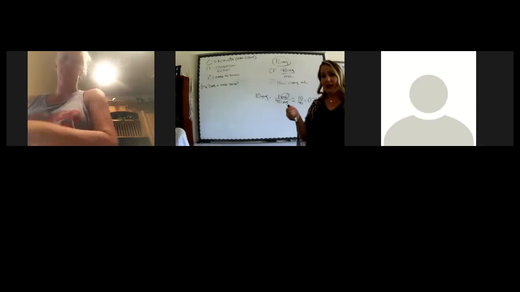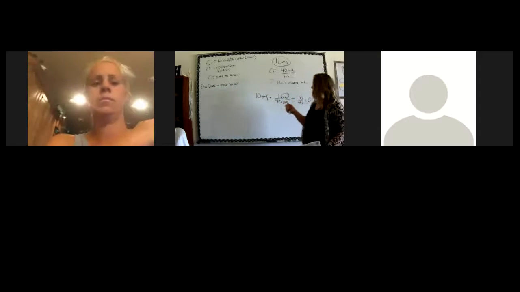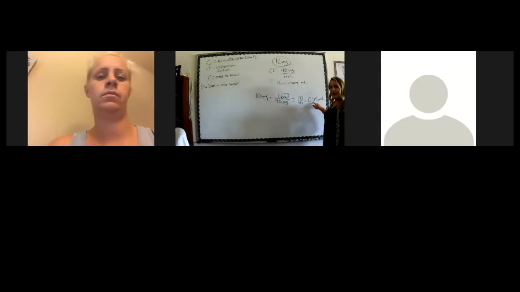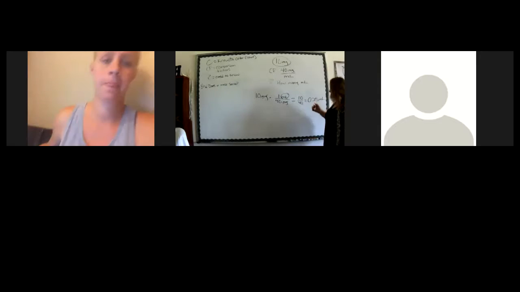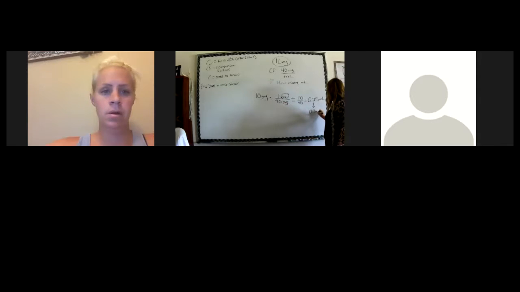If you've ever given a kid medicine, going to the hundredth is going to be really hard. This is an injection. If you've used a syringe, that's going to be really hard. So we need to round. Since there's a 5 here, that's going to round this to a 3. It's going to bump it up. So my final answer is going to be 0.3 milliliters.